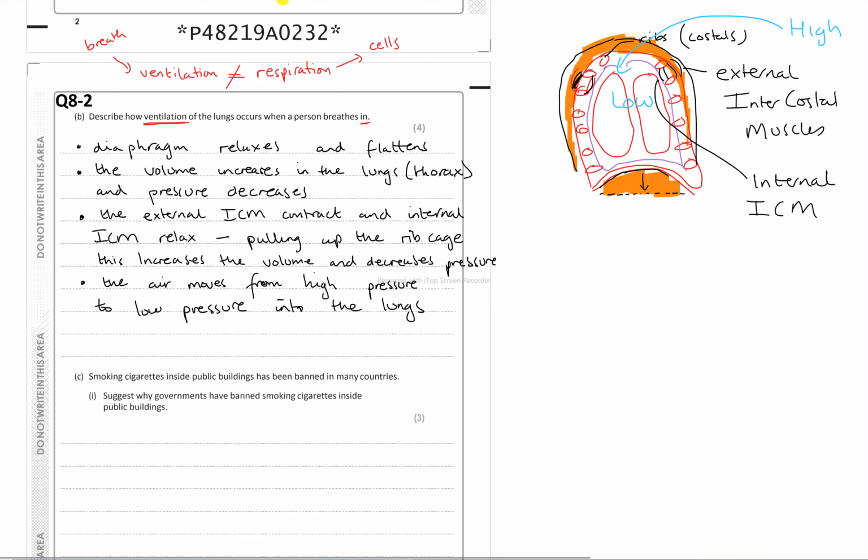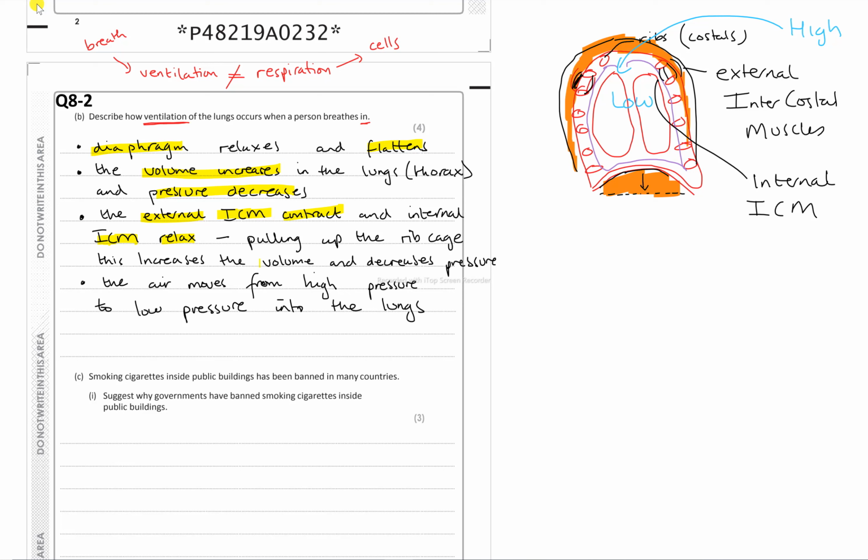So there's a lot going on here. The diaphragm relaxes and flattens. This has two effects. The volume increases, the pressure decreases. The external intercostal muscles contract and the internal intercostal muscles relax, pulling the rib cage up.